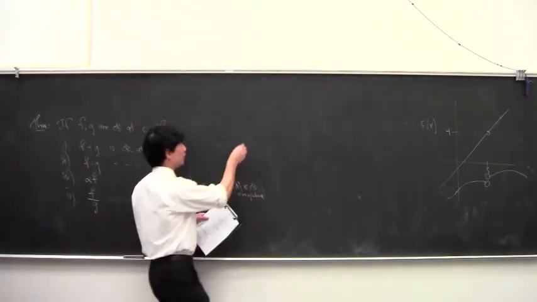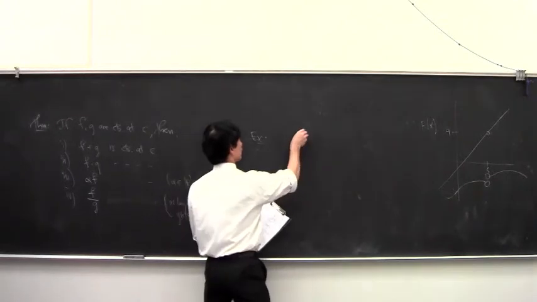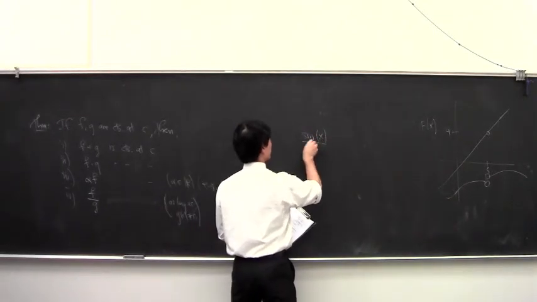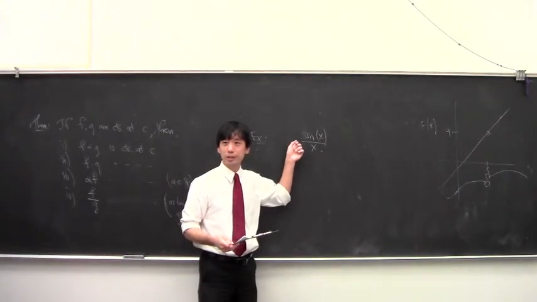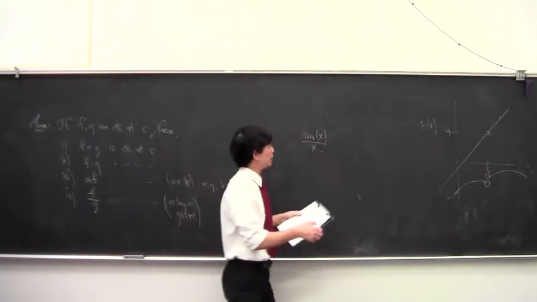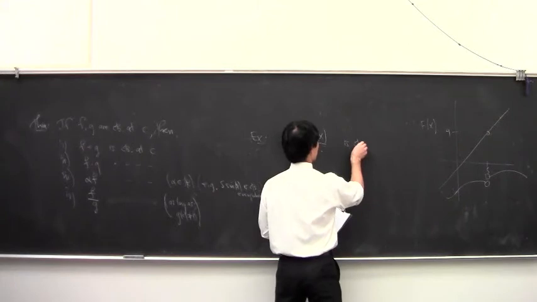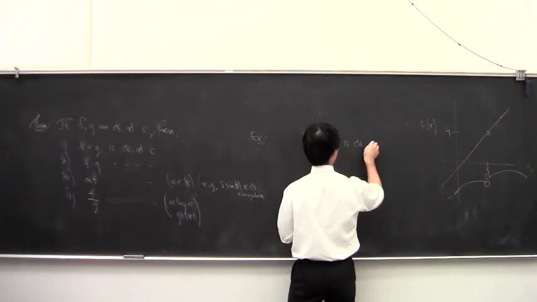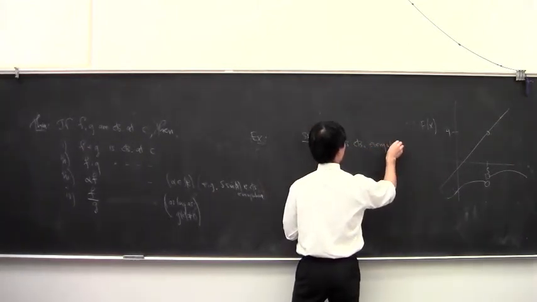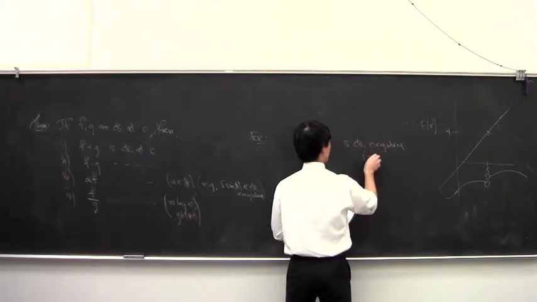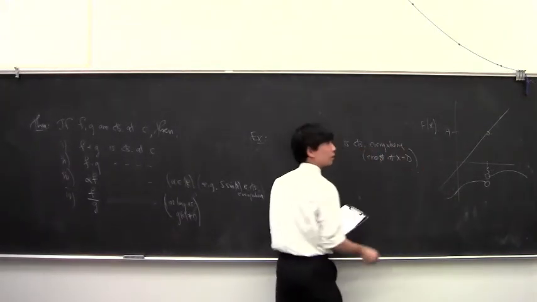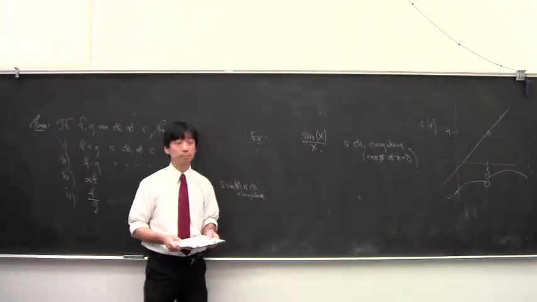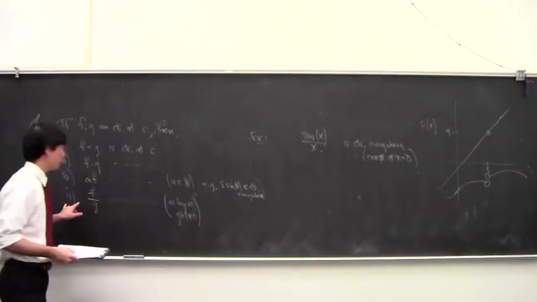So for example, if I look at sine x over x, this is a continuous function over a continuous function, right? And so this is going to be continuous everywhere except at x equals 0, by property 4.